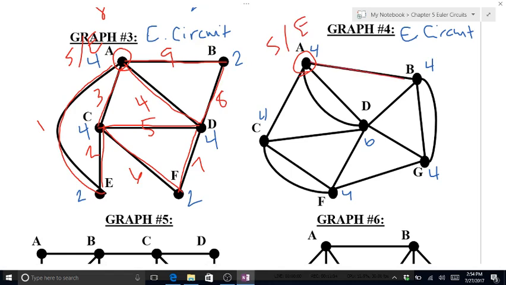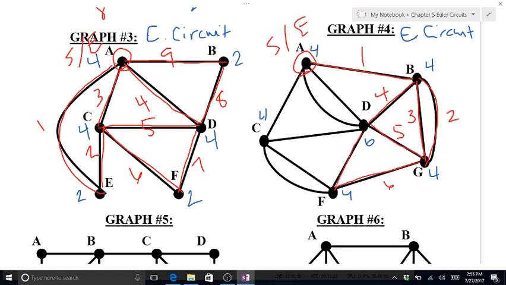I'm going to travel across to B. That's 1. Here's 2 and 3. Trace that little oval looking thing there. Go down to D, that's 4. Down to G, that's 5. Across to F, that's 6.